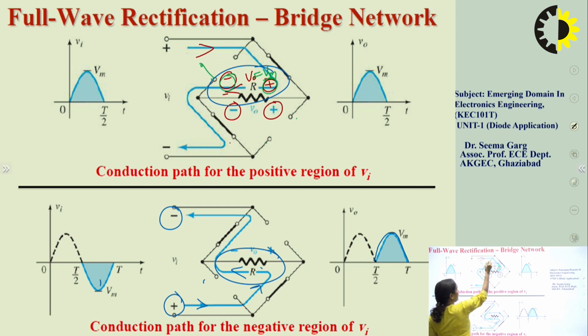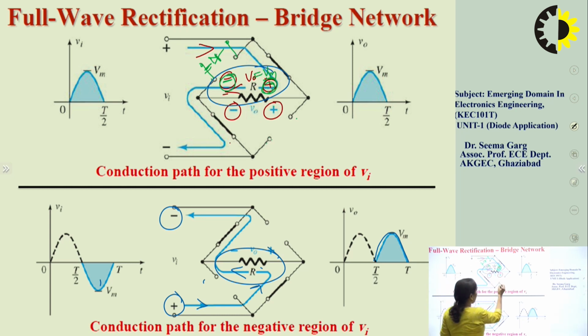So if I measure the voltage across this diode, the voltage appearing across this diode is equal to Vm, but it is a reverse voltage because positive voltage is connected to the cathode and negative voltage is connected to the anode of the diode. That means the voltage appearing across this diode is Vm, that is the reverse voltage.